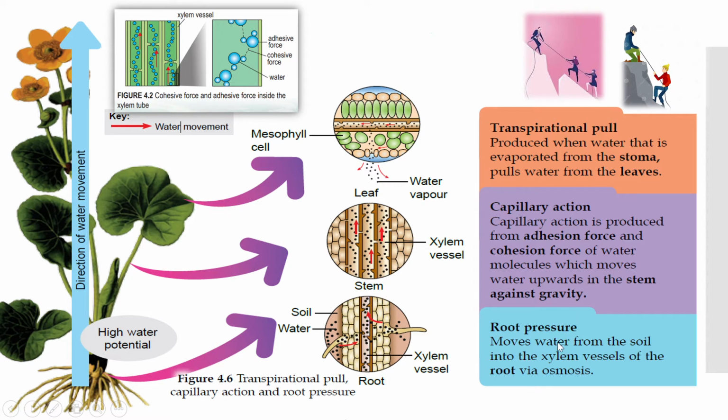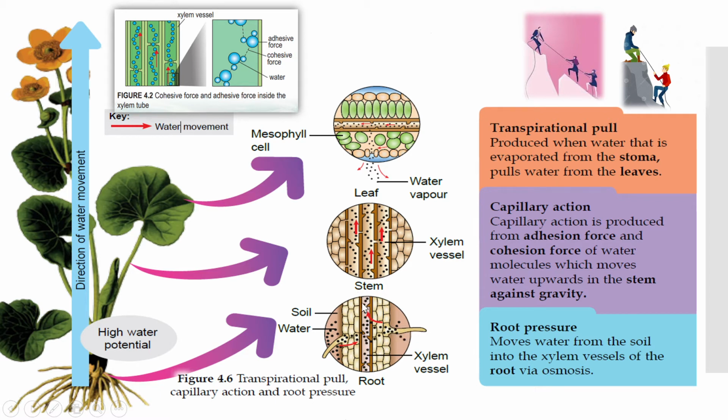Okay, last one is the root pressure. So it's going to move the water from the soil over here. The soil water is going to enter into the xylem vessels of the root through osmosis. So you can see the longitudinal section right now. Okay, this is easily identified. That's the root hair, the modified epidermal cells.